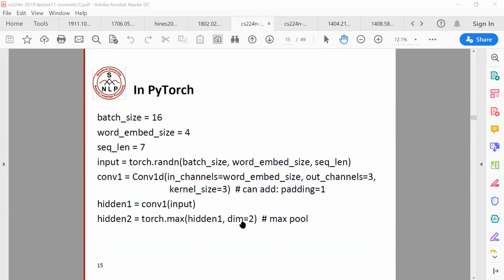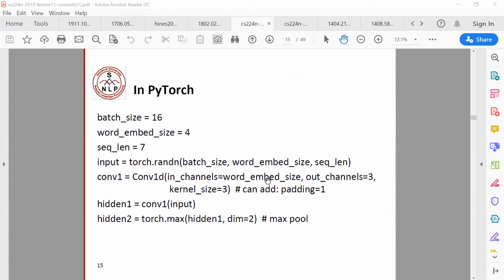Is that like the direction, on which axis you want to take the max? Yeah, you might be right. I think in PyTorch, for the convolution, dimension 0 is the number of channels, and I think dimension 2 is the kernel size. No, or out channels. Okay, so.